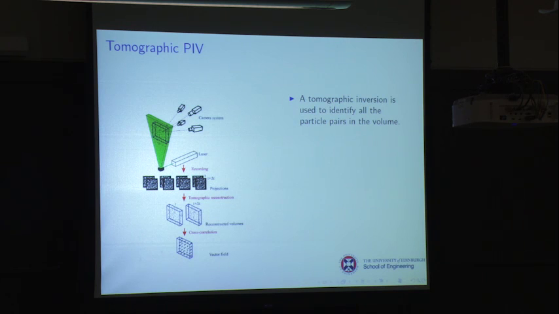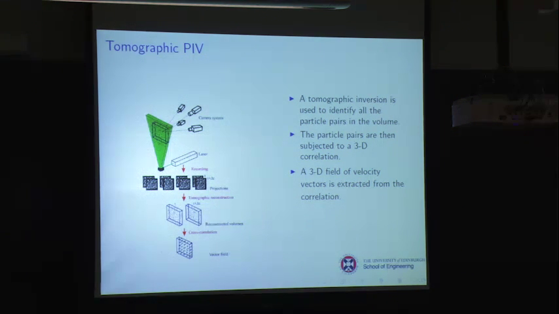You basically apply a tomographic inversion on laser pulse number 1, and what you end up with is a volumetric image of particles. Then you do a tomographic inversion on the second pulse and get another volumetric image of particles, and then you correlate those. So you do 3D correlations, and you get a 3D field of velocity vectors.